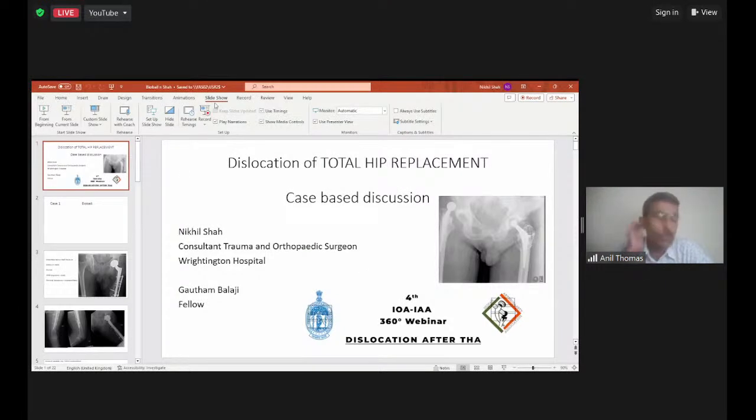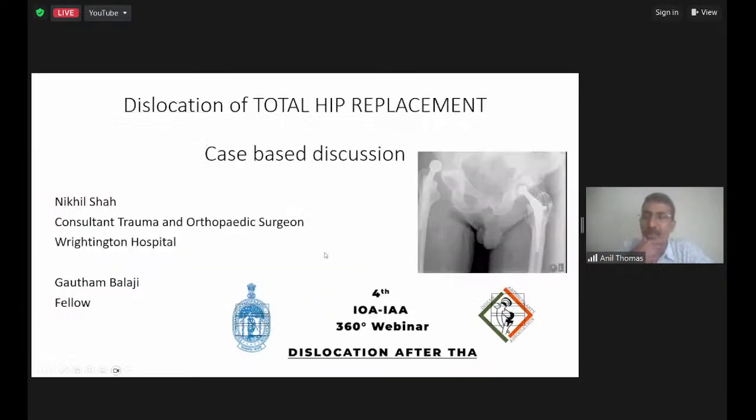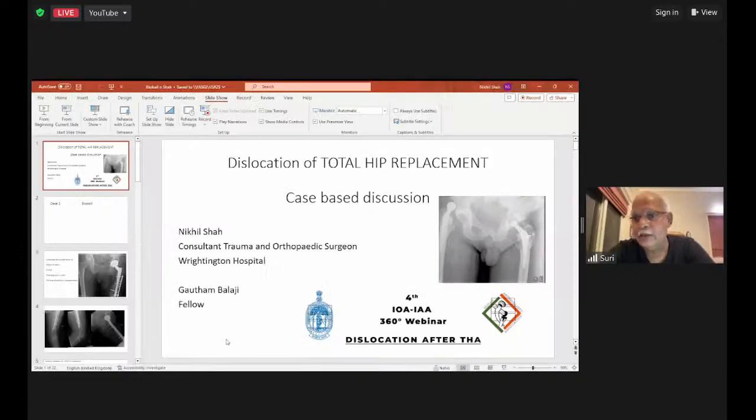Dr. Suri, quickly to ask you, especially the intraprosthetic type of dislocation, are you seeing that with a particular set of designs, or are you seeing that more frequently now? We have seen only one at this time. Okay. But you have raised a pertinent point: all dual mobilities are not the same.